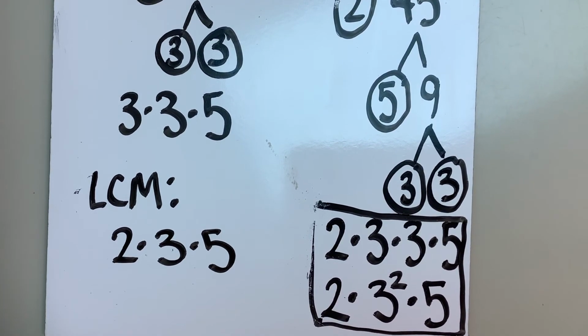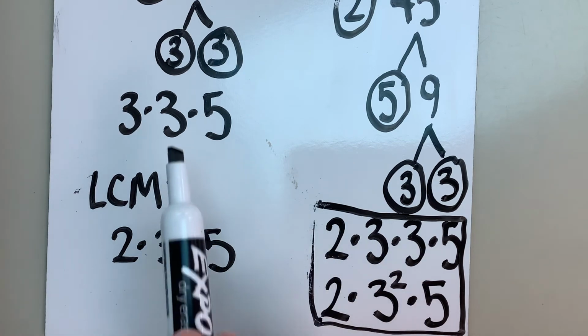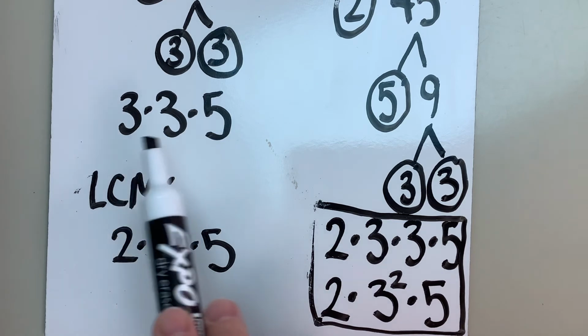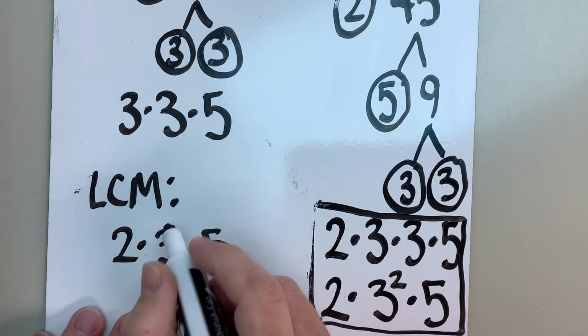Now, how many are coming? We want to take the greatest number of them. So the greatest number of 2s is just this one here. The greatest number of 3s, well, there's 2 of them here, and there's 2 here, so 2 would be my greatest number.